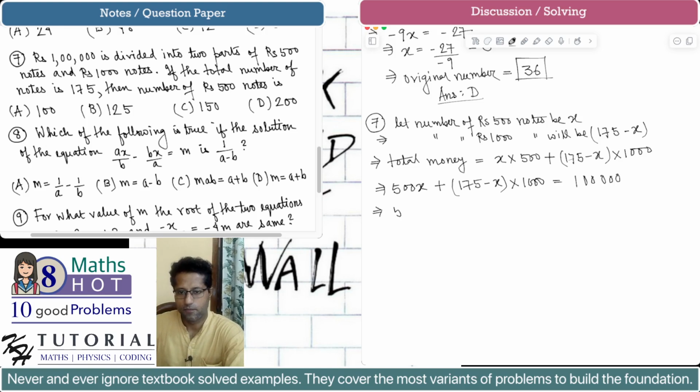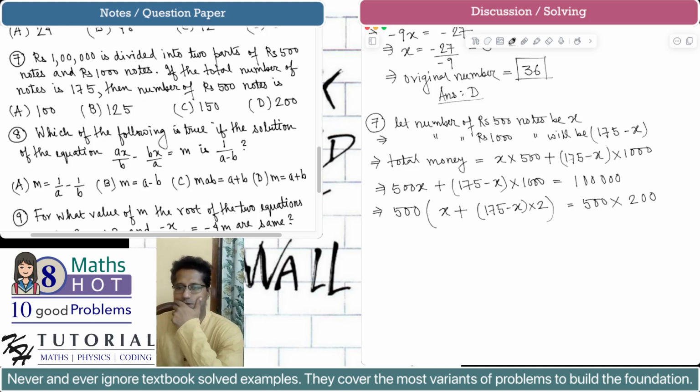I can take 500 common from the LHS, and it becomes 500 multiplied by (x plus (175 minus x) multiplied by 2). The RHS is 1 lakh, I can take 500 common, and it is 500 multiplied by 200. How much is this? There must be 5 zeros.